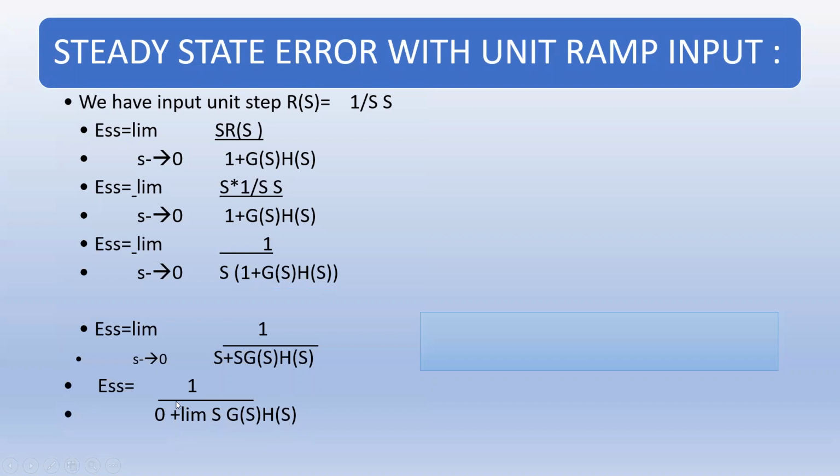If we observe keenly, this formula is nothing but the velocity error constant. So we can say that when we give the ramp input, the steady state error becomes 1 upon the velocity error constant.